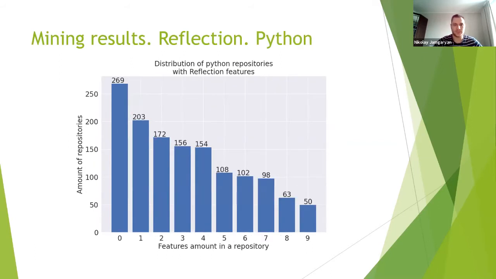The same picture we can see with Python repositories. There are more repositories with 0 features, but there is a lot of repositories with 1 to 7 reflection features.